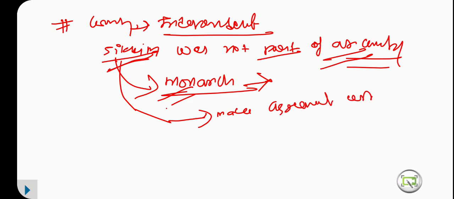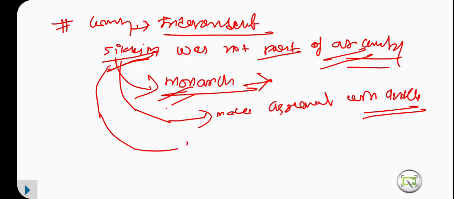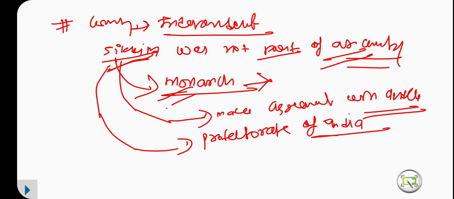But over time, Sikkim felt that it was insecure. It could be occupied by some other nation like China, because China was following the theory of expansion. That is why Sikkim felt insecure.